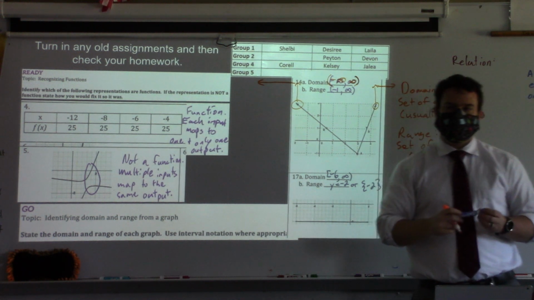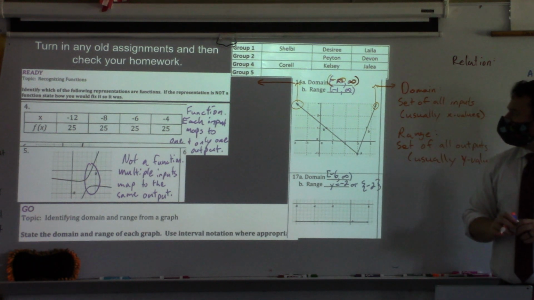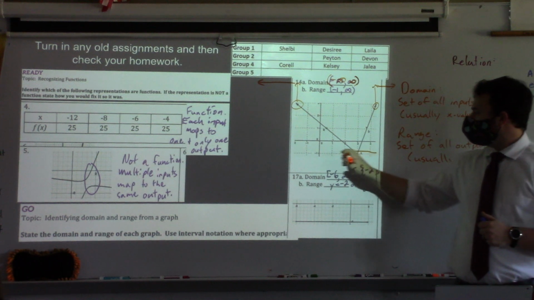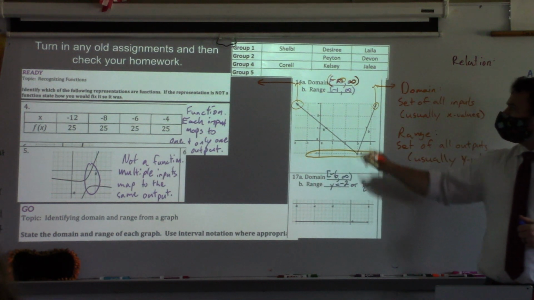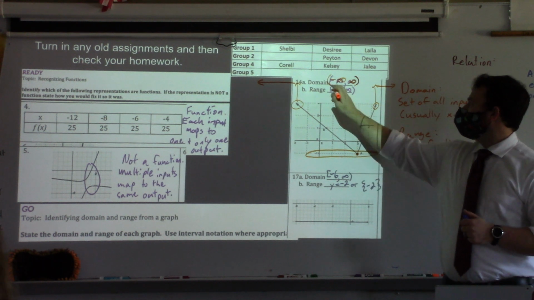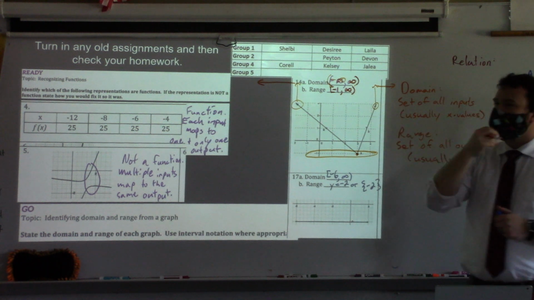Desiree, you good with that? Okay. And then range is the same idea, but with the outputs of the y. So here's my lowest output at negative 1. Because it's a closed point, I can equal it, comma, the maximum of infinity.